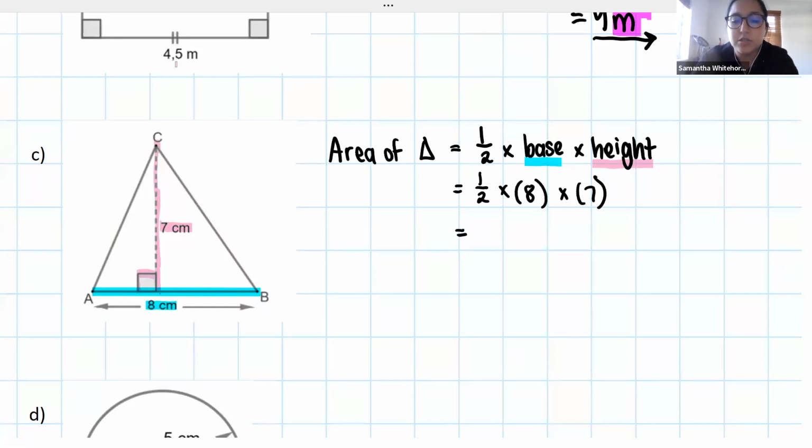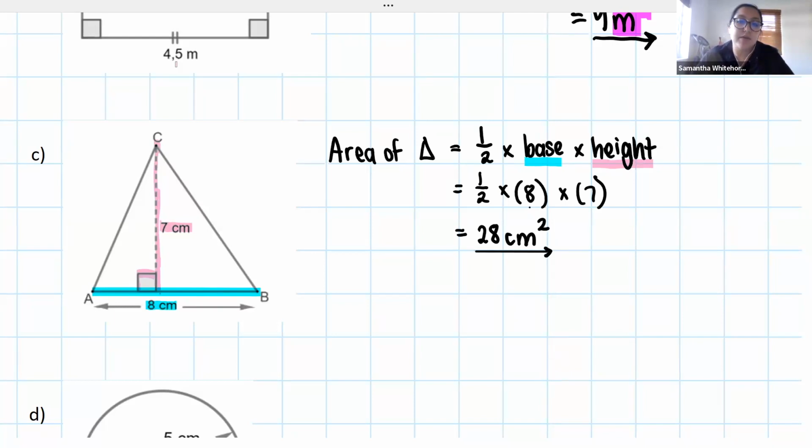Now guys, obviously you can just type this into your calculator, but half of 8 is 4, and 4 times 7 is 28. So we get 28. We want our units squared. The units here were centimeters squared. So the amount of space that this triangle takes up is 28 centimeters squared.